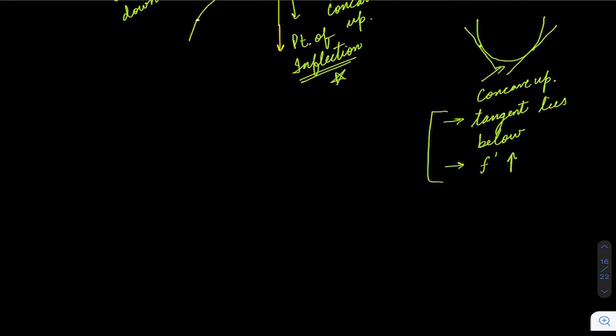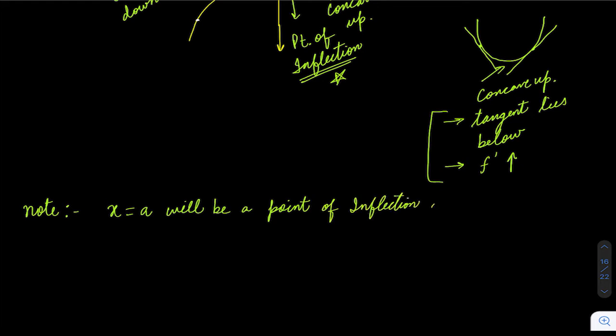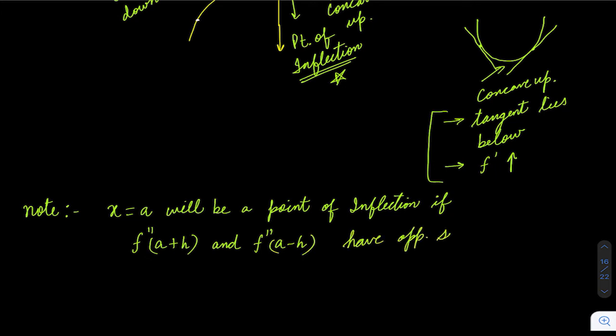Now, one thing that you can remember here, very important note, is x equal to a will be a point of inflection if f double dash of a plus h and f double dash of a minus h have opposite signs.